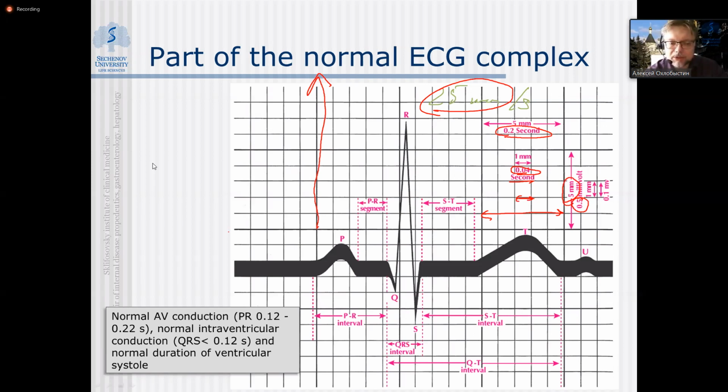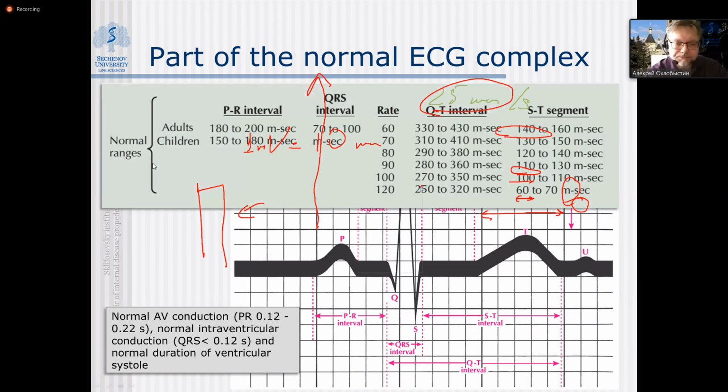Every recording should be started with square signals, a signal indicating the strength of the signal. Typically, for instance in Russia and in most countries, the classical calibration signal is 1 millivolt. That should be equal to 10 millimeters. Good. Let me erase that.